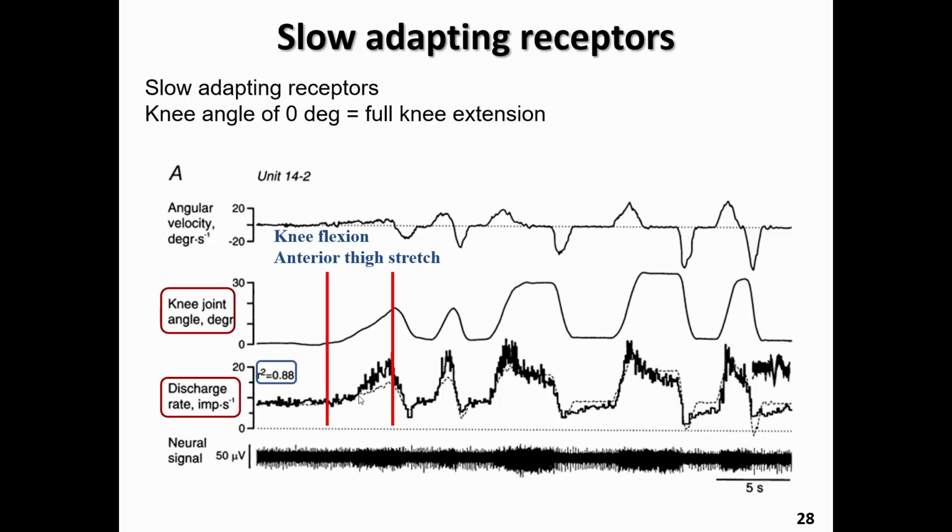And the magnitude of that discharge rate increased and paralleled the increase in the knee joint angle. So as the knee was flexed and the skin stretched, the impulses were transmitted, showing a very clear, close correspondence, and that's supported by the statistical measure here of agreement at 0.88.